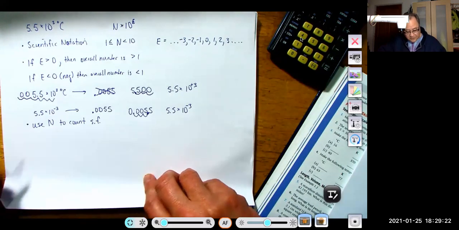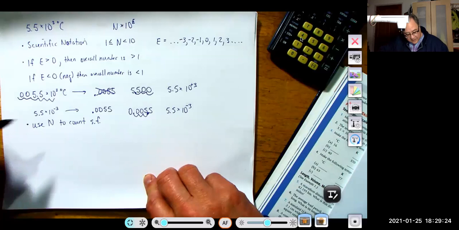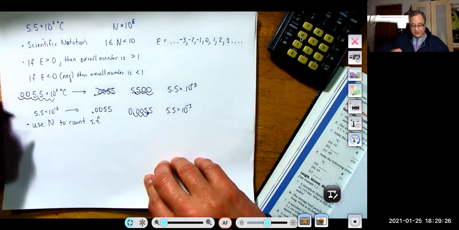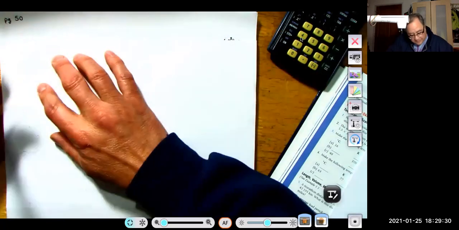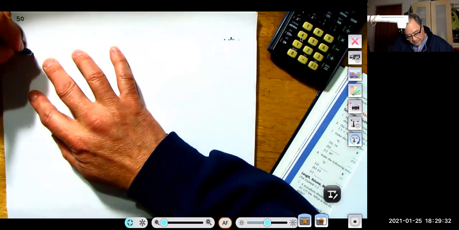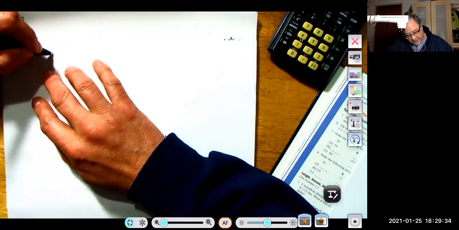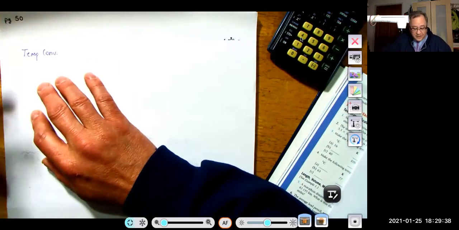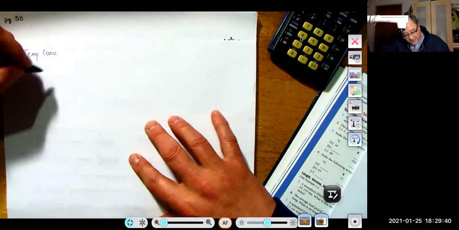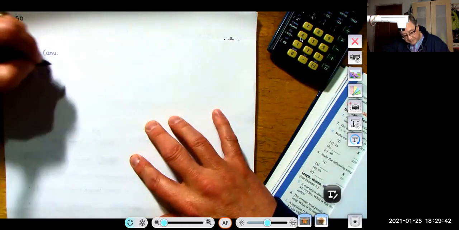Okay, so temperature conversions. You need to memorize these. In this case, the temperature conversion we're looking at is taking degrees Celsius and turning it into Kelvin. So memorize this formula.